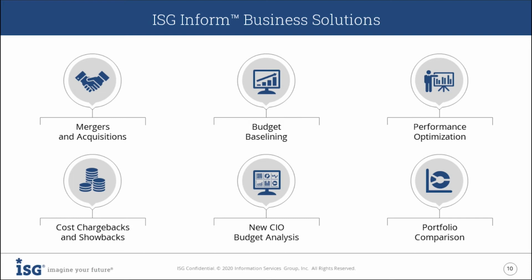Another client was very interested in building up and understanding how to look at some pricing in terms of a chargeback or a showback. So they were able to load their information into Inform and get some unit pricing, as well as an understanding of what was underlying that unit price.